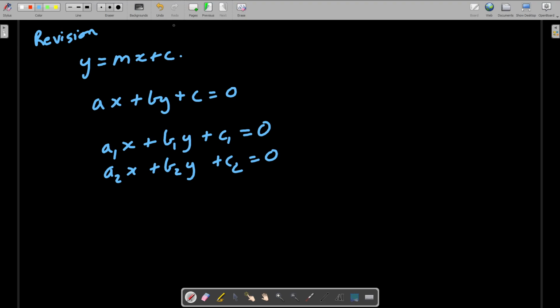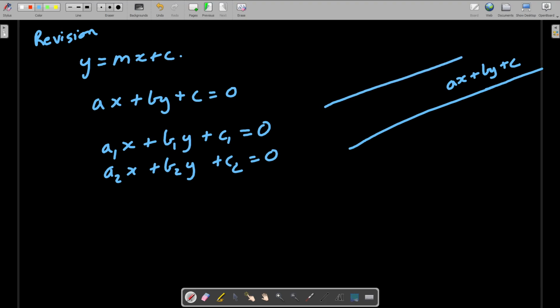The parallel case is a little bit obvious. If they are parallel, their coefficients should be similar or multiples of each other. Only the constant will be shifted. For example, if you have the line ax plus by plus c, you can draw one more line parallel to it: ax plus by plus d.